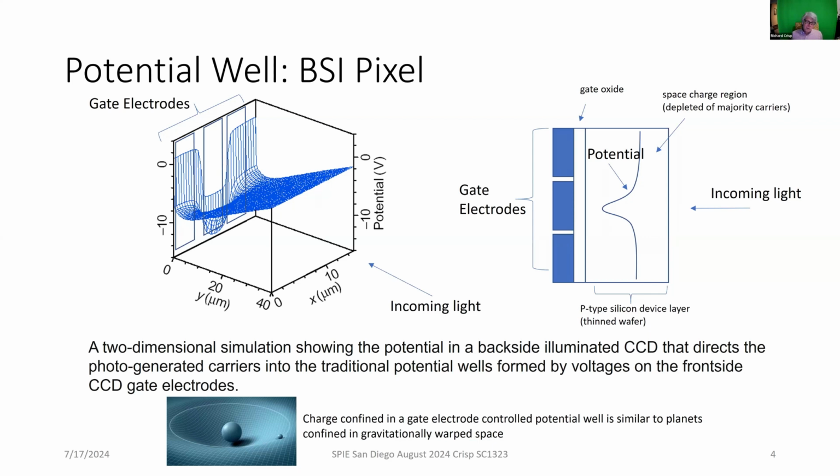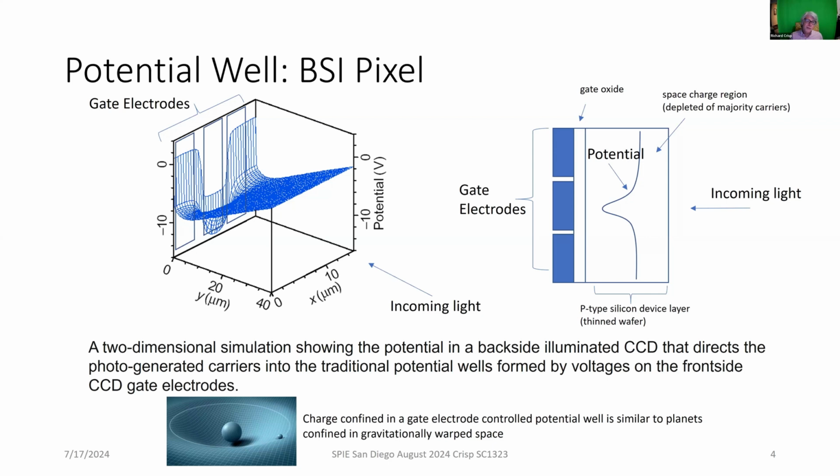In some sense, you could think of the electrons being caught in a potential well as being very similar to planets that are confined in gravitationally warped space, as I've shown down at the bottom picture. Then over on the left-hand side, this is a simulation of a pixel of a backside illuminated device. You can see the blue cross-hatched region represents the potential, and the physical X and Y dimensions are shown as well.